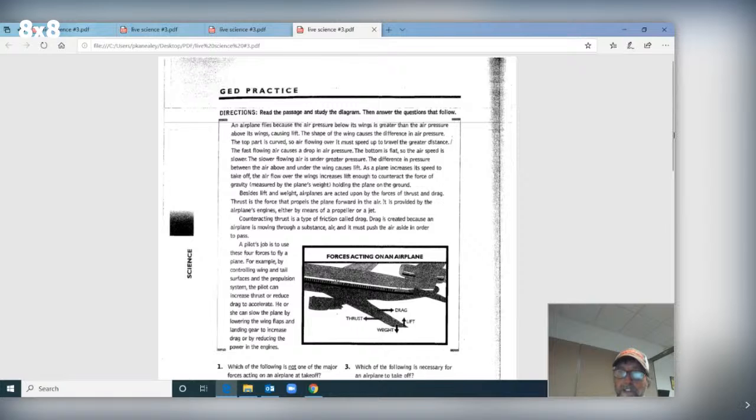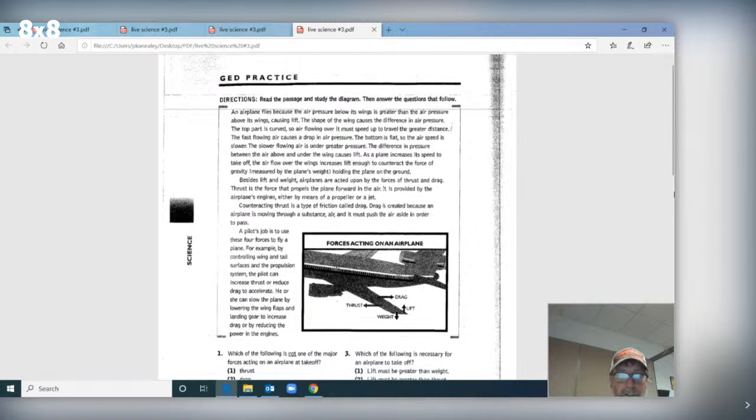So the first question, which of the following is not one of the major forces acting on an airplane at takeoff? Okay, so thrust. We had something about thrust in there, and if we go back, it says, besides lift and weight, airplanes are acted upon by forces of thrust and drag. Thrust is the force that propels a plane forward in the air.